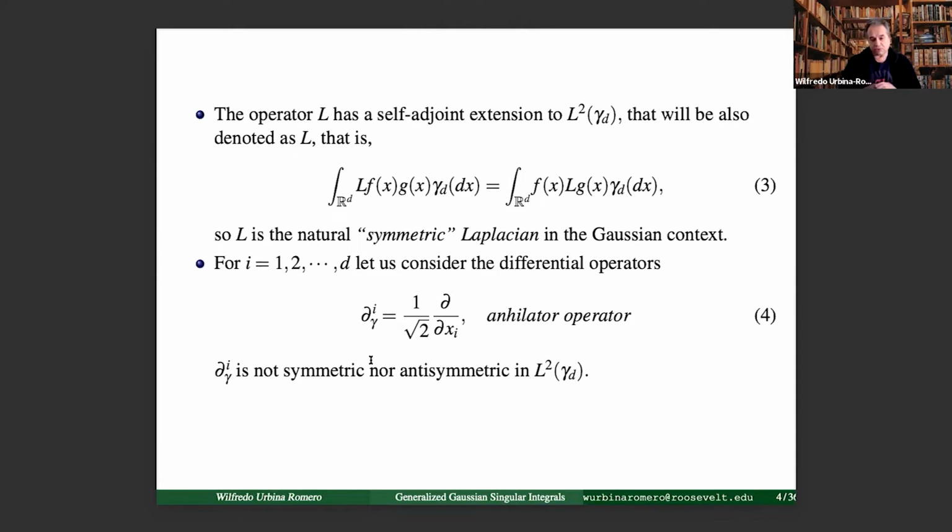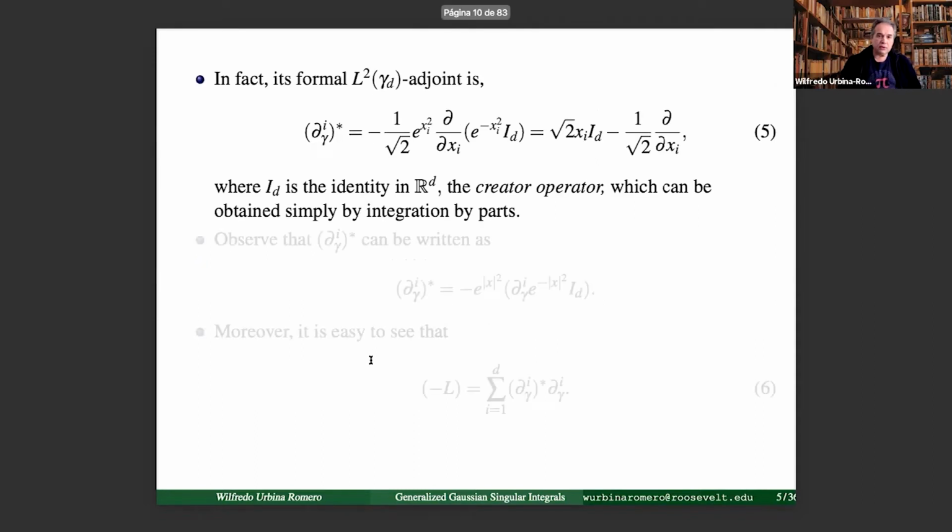Because when you take the derivative, you have to take the derivative also of the exponential part, right? And therefore, the formal L2 adjoint is this guy. And that's just computation by integration by parts, right? And that's what is called in quantum mechanics the creation operator.